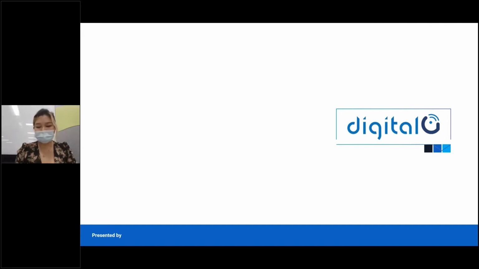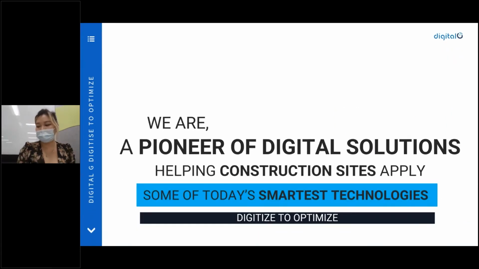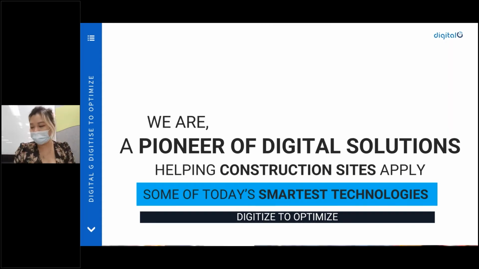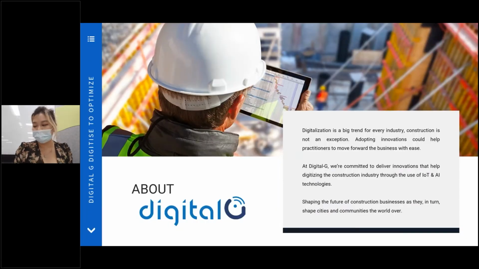Digital G helps construction companies implement and realize the values of digital solutions. Our goal is to pioneer change and help organizations realize the importance of innovations and realize construction 2.0. We are based in Hong Kong and Singapore and have worked with many clients, contractors, engineers and subcontractors on buildings, civil engineering and complex projects.